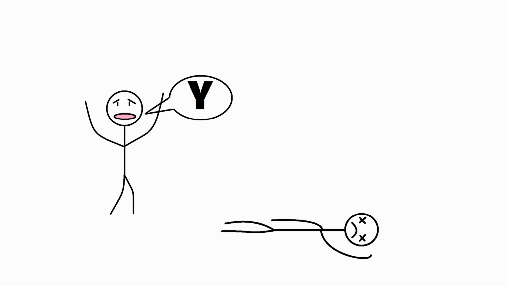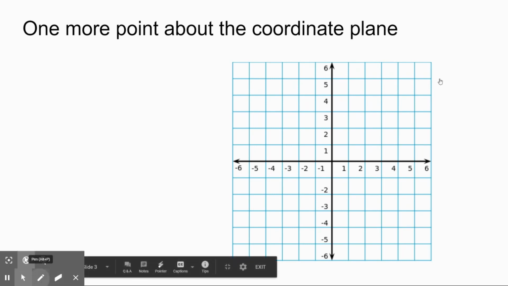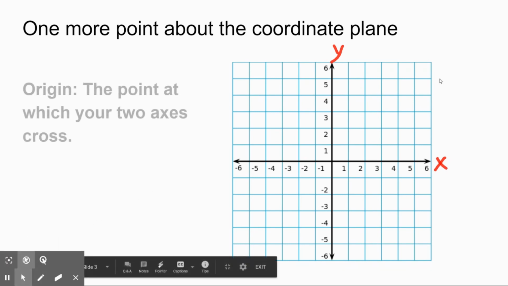So on this coordinate plane, we would need to make sure that we label our axes. So we know that this one is the x-axis, and our vertical one here is the y-axis. And there is one more point about the coordinate plane that I want to make, and that is the origin.